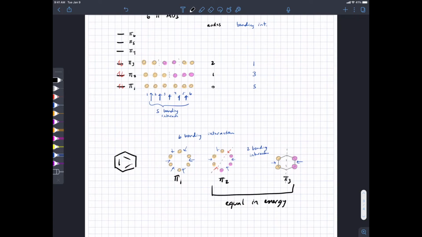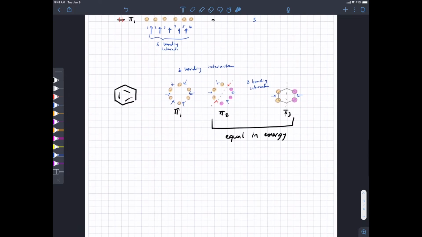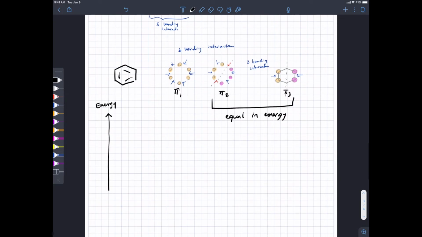Okay? And in terms of what we get, it's almost as though we took these two, we had 1 bonding interaction and 3, and we sort of averaged them. But the picture that emerges, if we were to draw an energy diagram of these orbitals, you have this lowest energy one, which is pi 1, and then you have pi 2 and pi 3 that are different in shape but equal in energy.